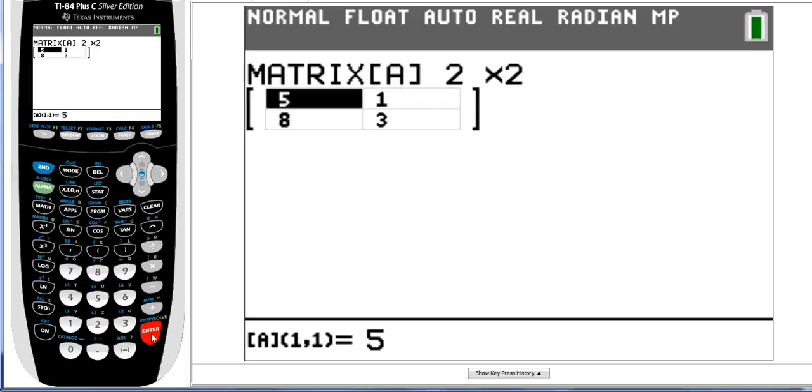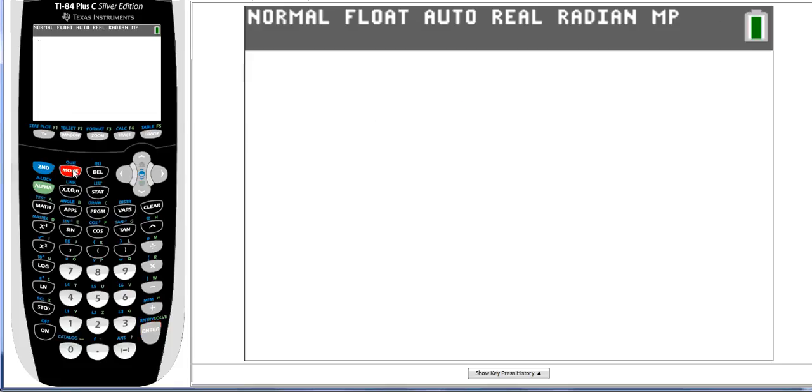So I gave you how to find determinants of a 2 by 2 matrix. You can find determinants of other matrices as well. They have to be square in order to find a determinant, but you can find them of any dimension, and I'm going to show you how to do that on your calculators quick. So here's what you're going to do. I'm on the main screen.